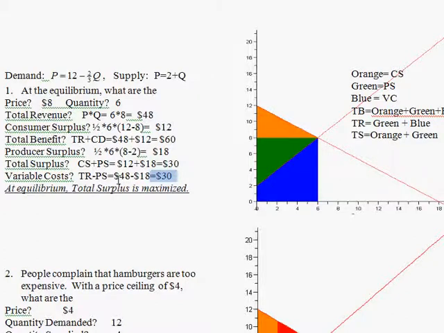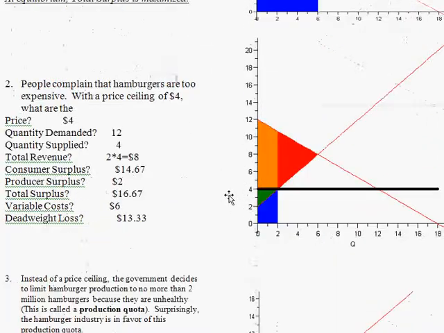Now let's compare this graph with what it looks like when you have a price ceiling. Let me show you that. Basically, what happens is we have a new area here, this red area. With a price ceiling of $4, people will only be buying the 2 units that the suppliers will be willing to produce at such a low price.